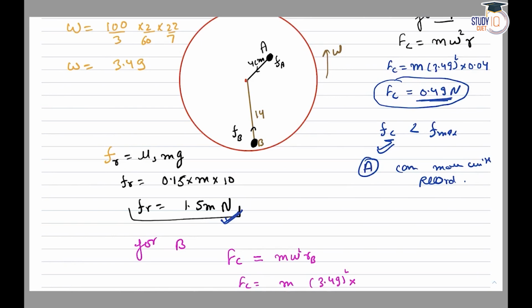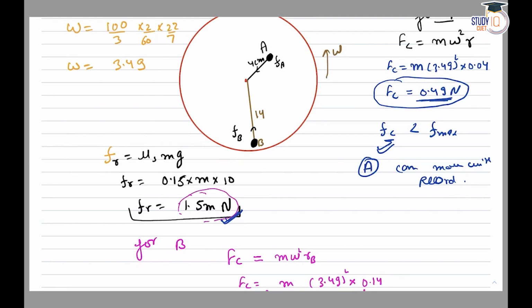In this case, the radius of B is 14 centimeter, which can be written as 0.14 meter. So the value of FC comes out to be 1.7 m Newton.